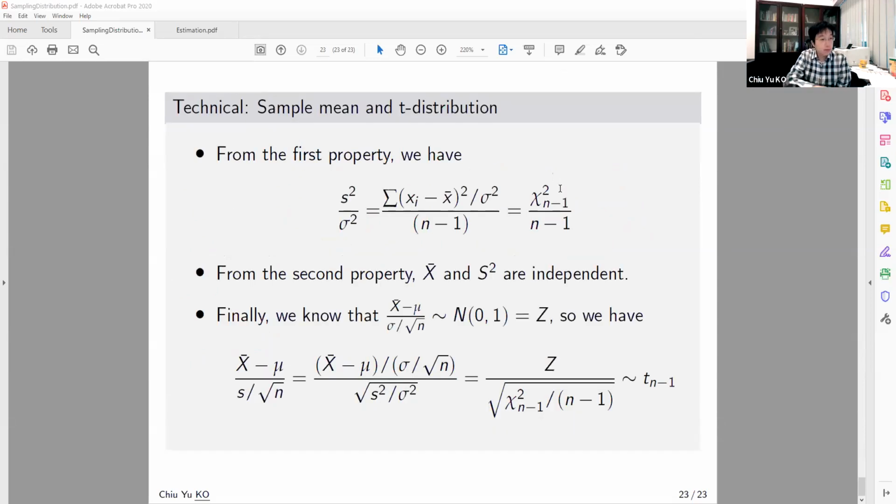Now, first look at the following: s squared over sigma squared. We just showed this is chi-square. This is the first property, which we didn't prove.